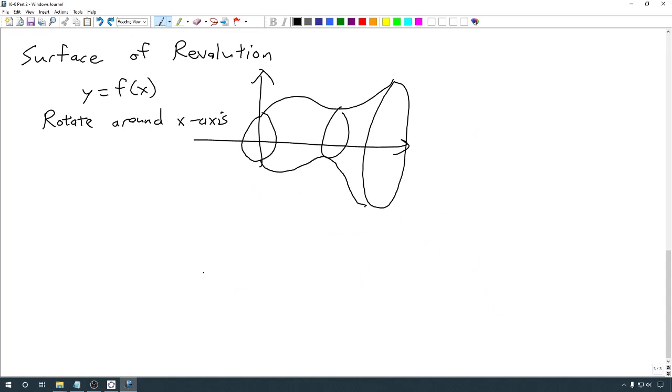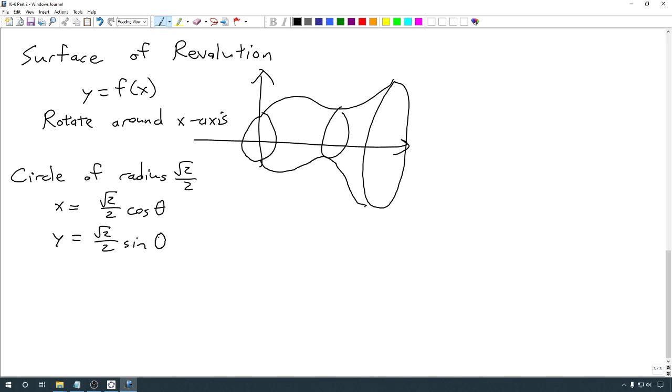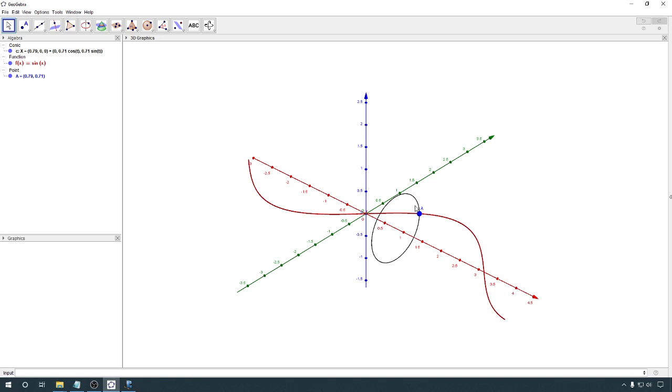Now, how do we actually turn that into a parameterization? Well, how do we parameterize a circle? We use trigonometry. If we were to look at a circle of radius square root of 2 over 2, centered at the origin, we'd have something like x equals square root 2 over 2 cosine theta, and y equals square root 2 over 2 sine theta. To get an equation for this particular circle, we'd have to use y and z instead of x and y, and we'd have a fixed x value of pi over 4.